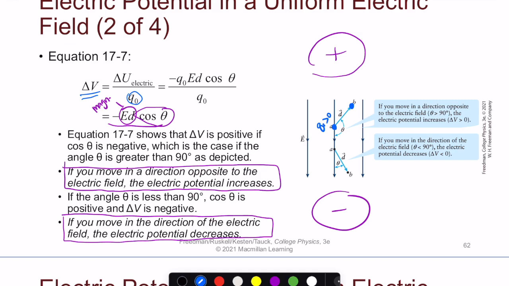Now, instead, if you take that positive charge, okay, let's say Q naught is positive, and you're moving it closer and closer to a negative charge, which would be down the electric field, okay, in the same direction as the electric field, well, then you're decreasing the potential. Because if you were to let it go, it would just go straight towards this negative charge.